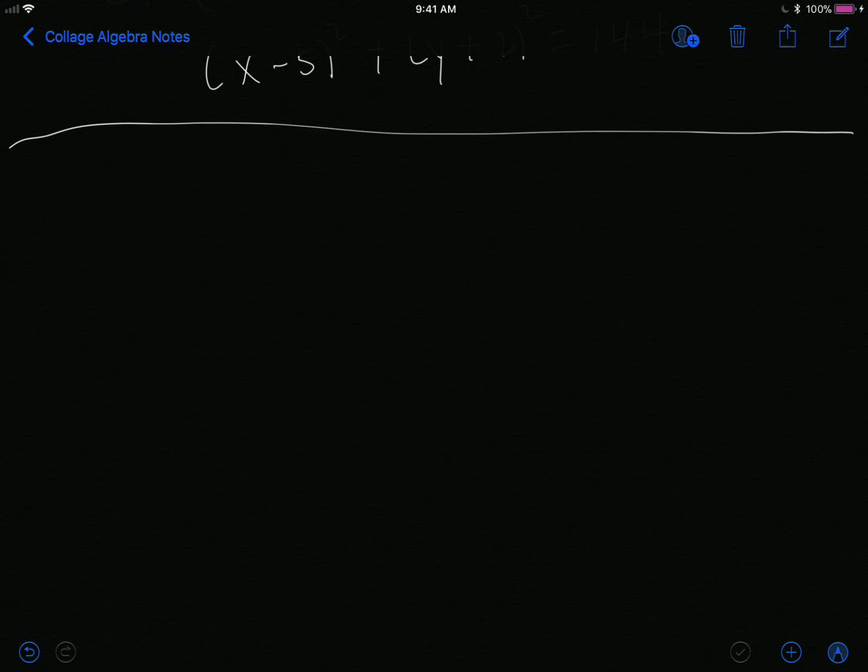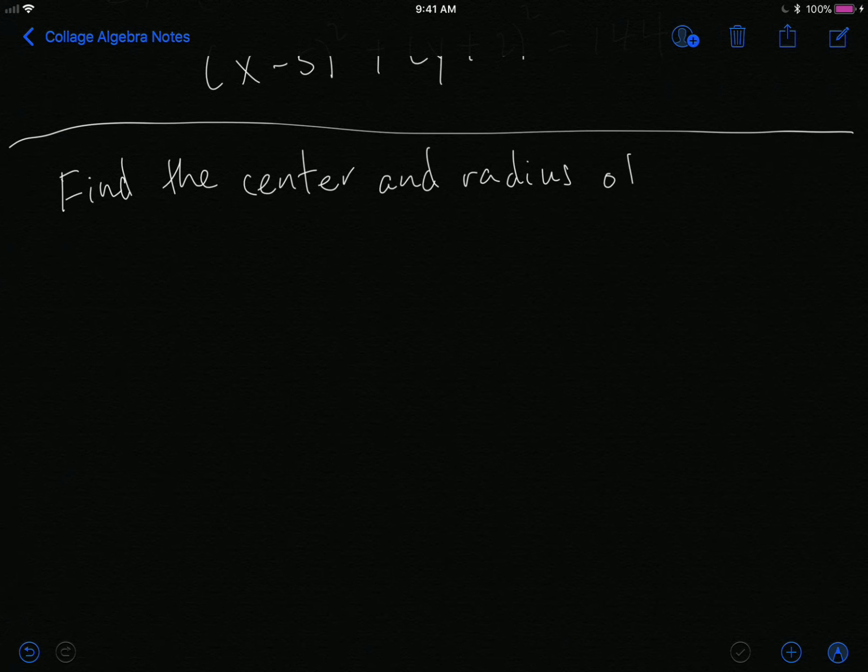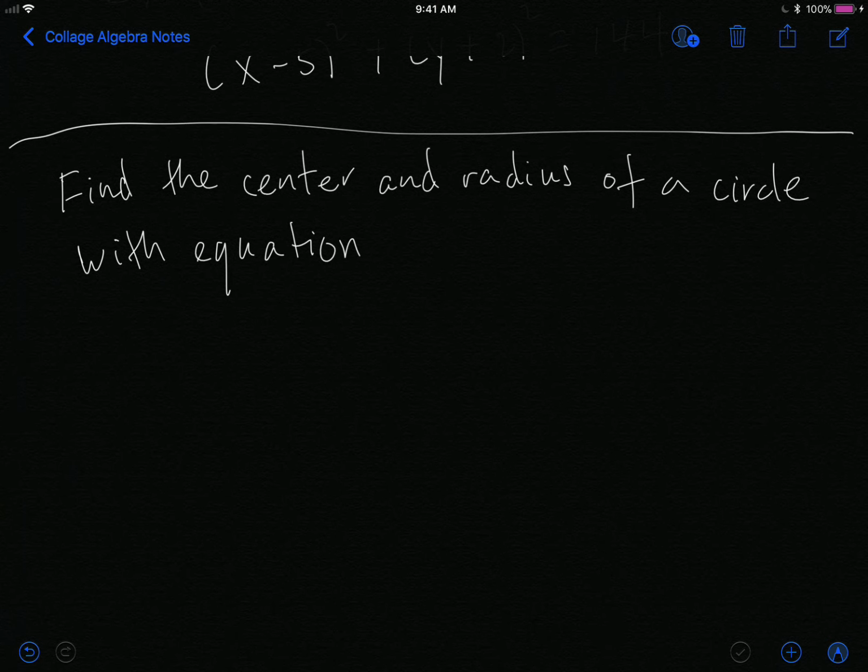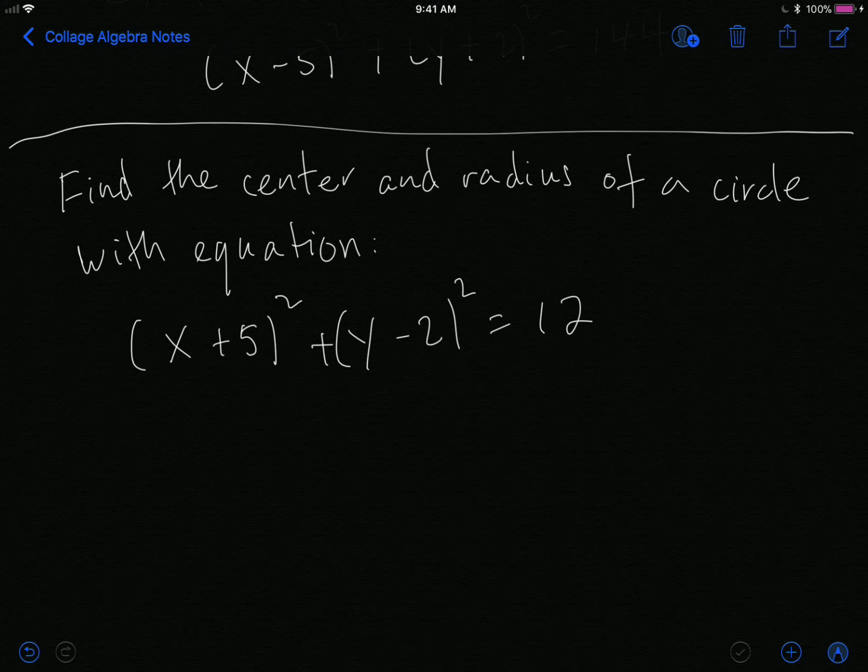So, find the center and radius of a circle with equation, and my equation right here is x plus 5 squared plus y minus 2 squared is equal to 12.